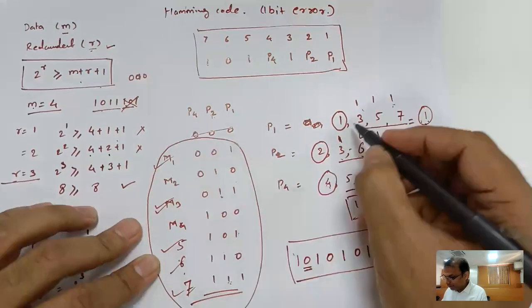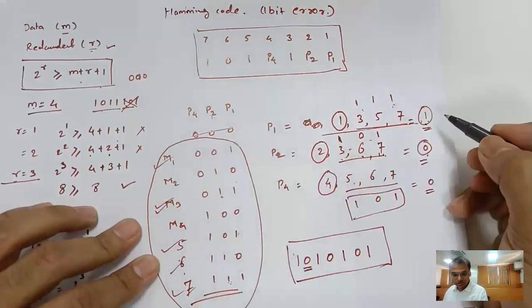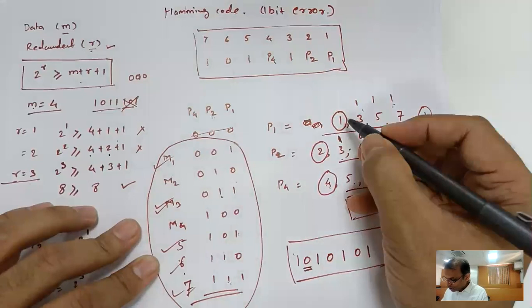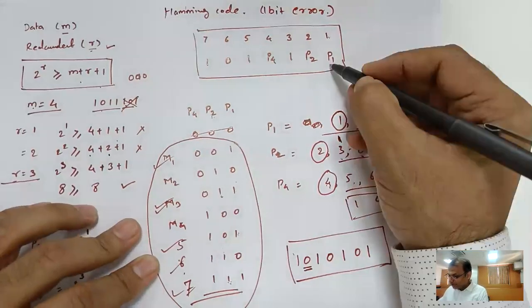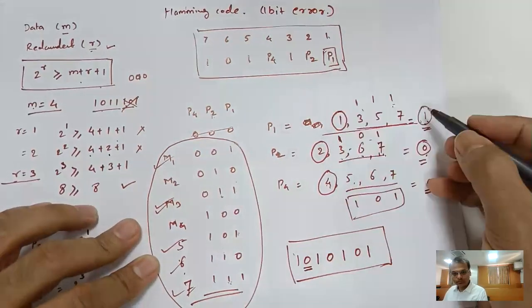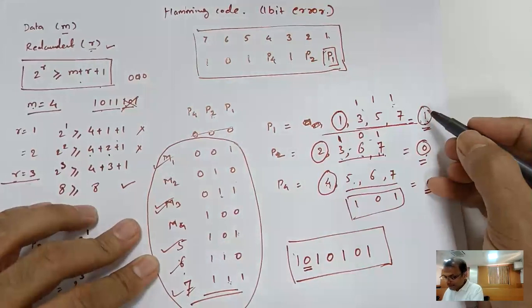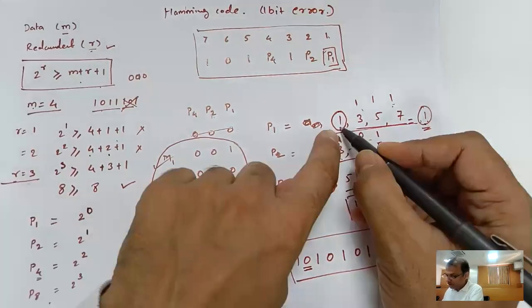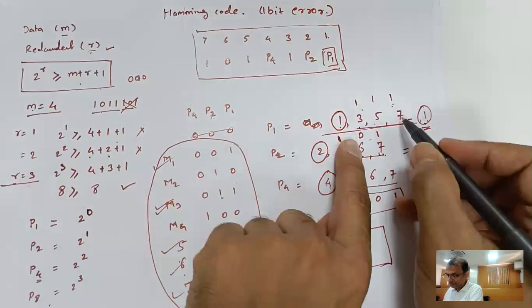Okay, that's why P1 is calculated as this one. And the bit position 1, that is P1 itself, you have to calculate along with the 3, 5 and 7.